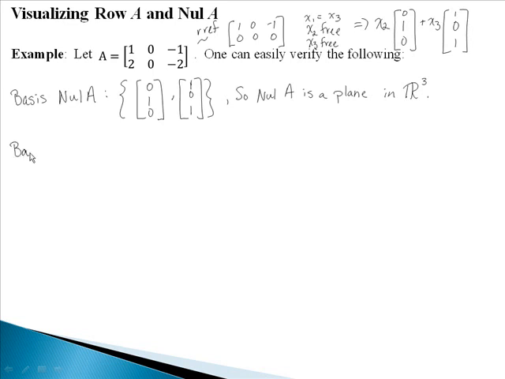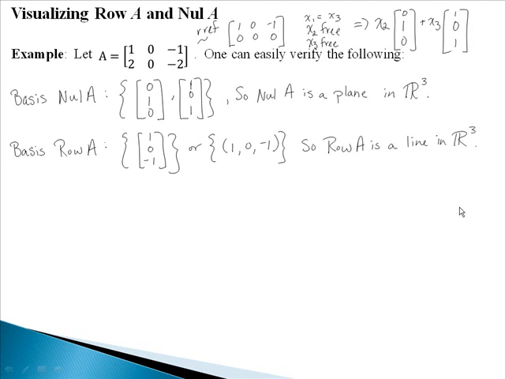Now we want to find a basis for the row space of A. So remember that when we reduce it to an echelon form, then my non-zero row is the basis for the row space of A. So we could say that it is this column vector (1, 0, -1) here, or we could have written it as a row vector (1, 0, -1). So then the row space of A is a line in R3 space.